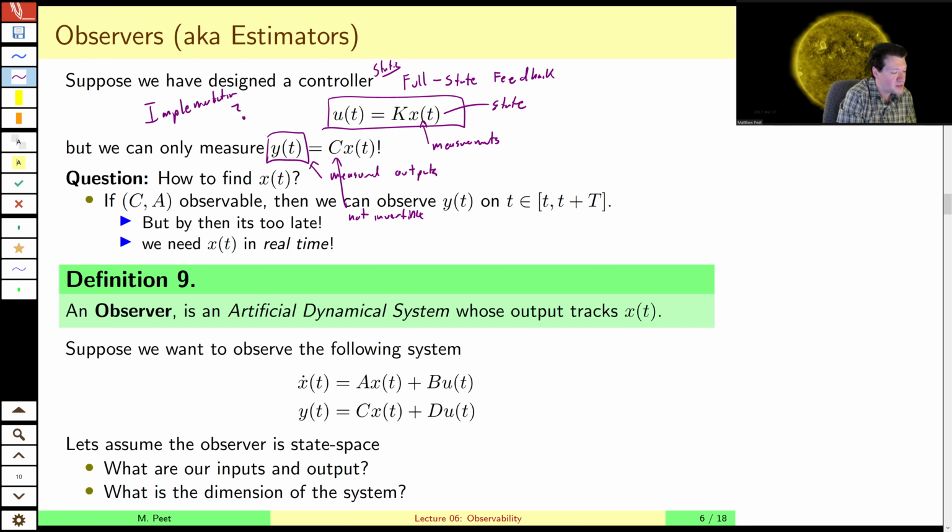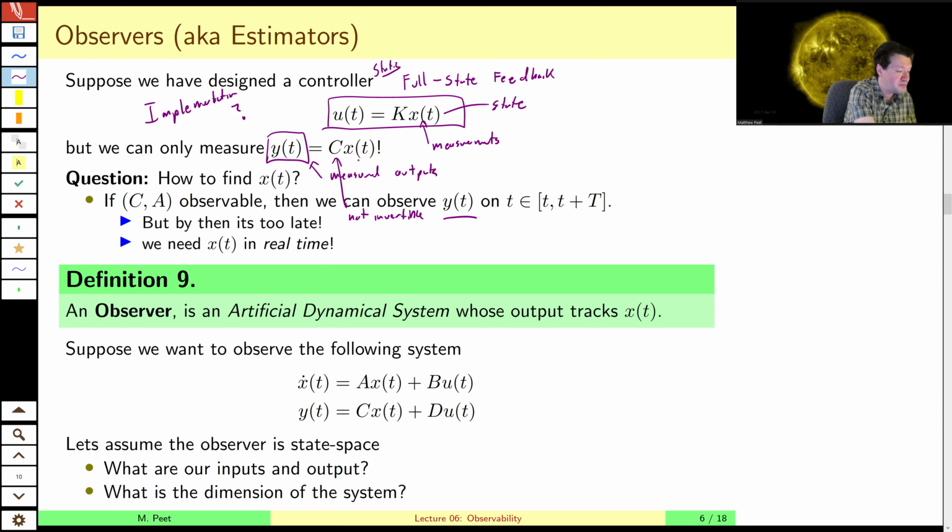Well, that's where we leverage this idea of observability. We talked about inversion of the map, or this function from state to output. But in order to do that, we required measurements of that output over some non-zero time interval.